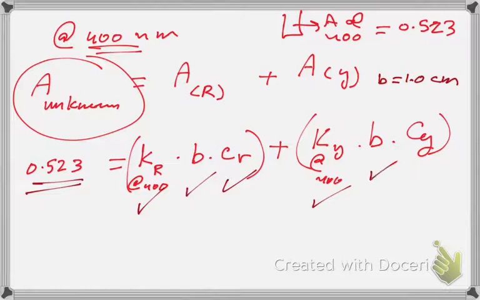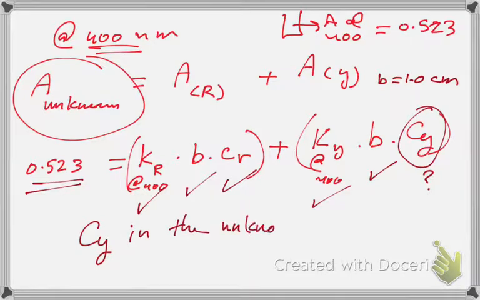B is 1 centimeter. So now the concentration of the yellow, which is the only thing I don't know, is solved, right? So now you can tell me the concentration of the yellow in the unknown. And this is how you do the math to solve the concentration of both the red dye and the yellow dye in your unknown.